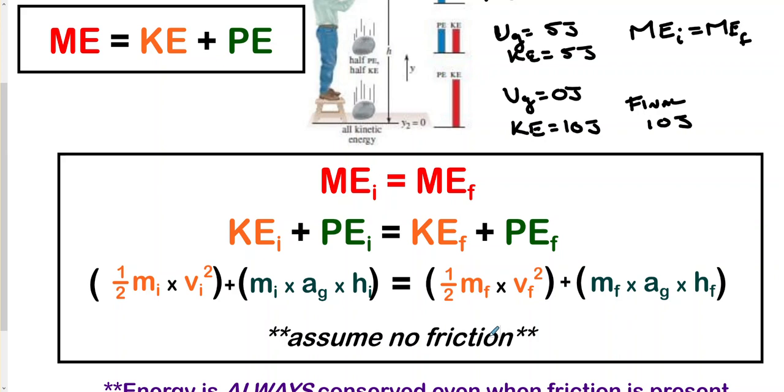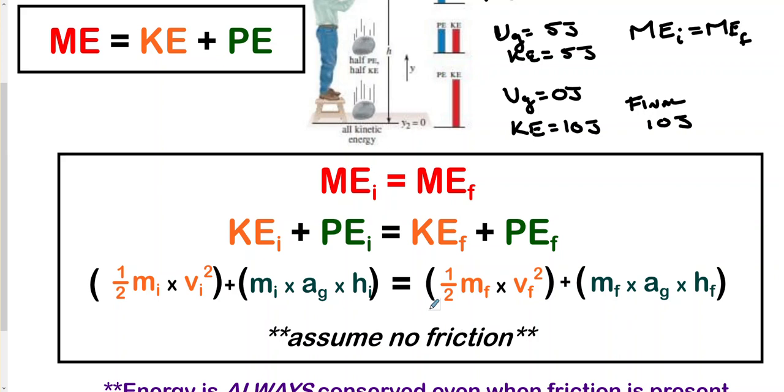So we know that if an object is sliding, there is such a thing as friction here on Earth, or anytime two surfaces are in contact, but that frictional force does work, and therefore it would change the energy into heat, and that would complicate our equation significantly.